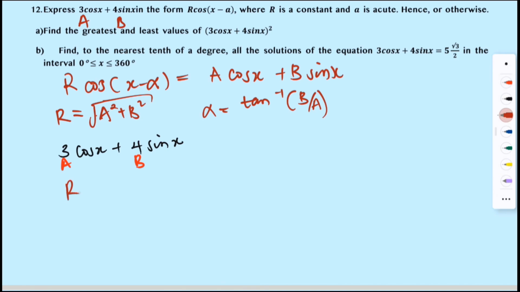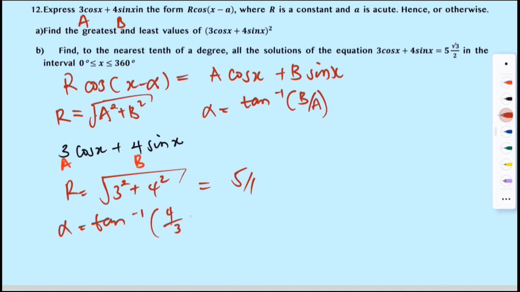So r would be the square root of 3 squared plus 4 squared, which is Pythagoras. A lot of you have encountered this before, so it's easy. It's 5. And then alpha, tan inverse of 4/3, which would be equal to 53.1 degrees.